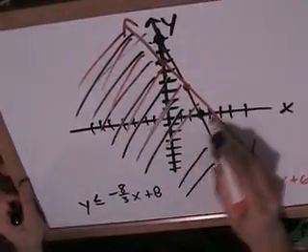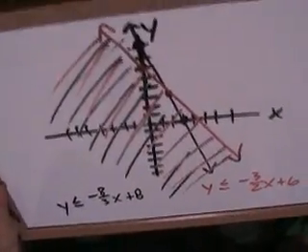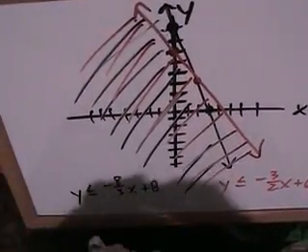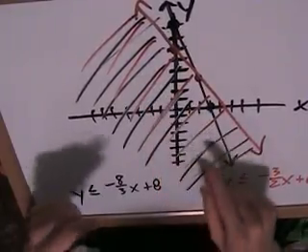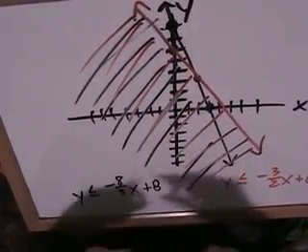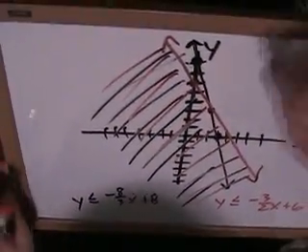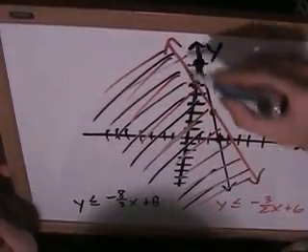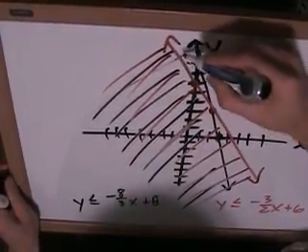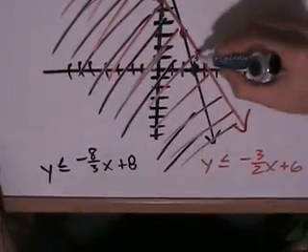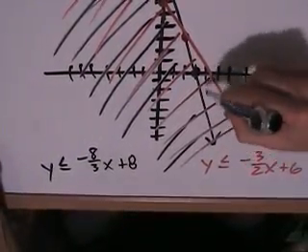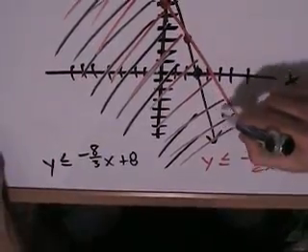Now the final answer is the part that has both red and black. If you look at this portion here, that only has black, so I'm not going to use this. And this little region here only has red, so this is no good.